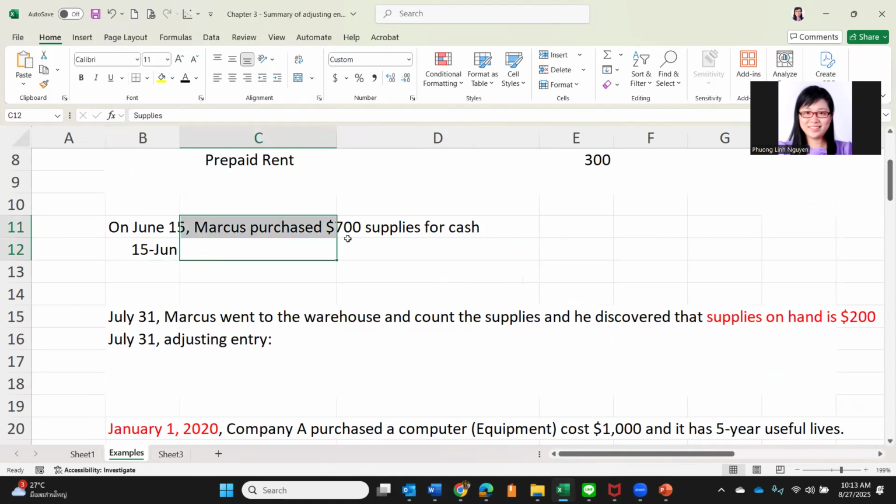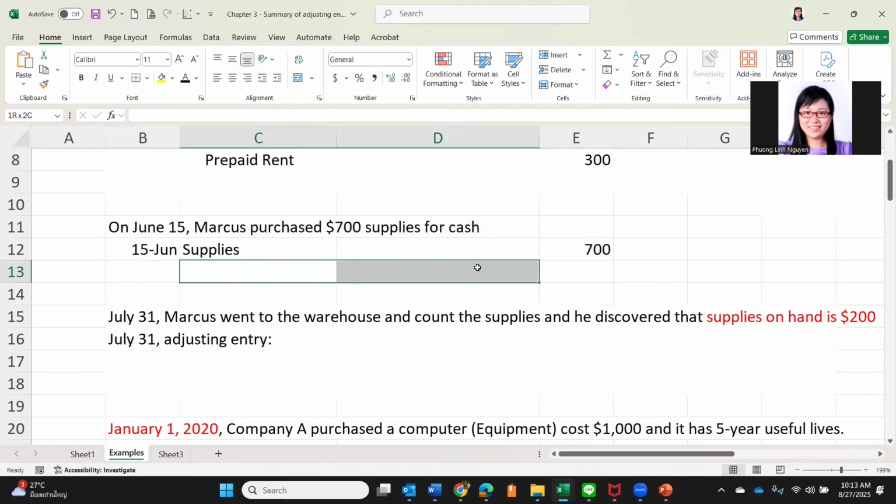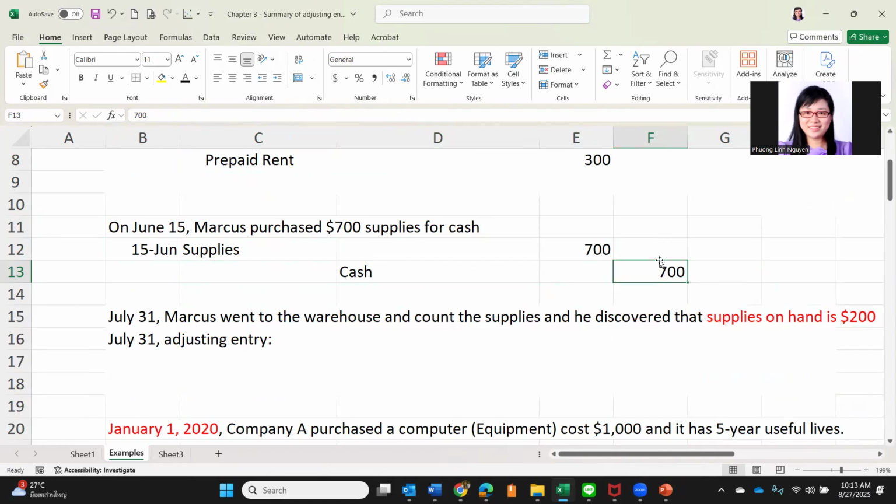We debit supplies for 700 and we credit cash for 700. Now on July 31, Marcus went to the warehouse and counted supplies, and he discovered that supply on hand is 200.